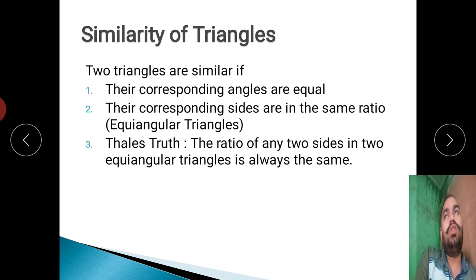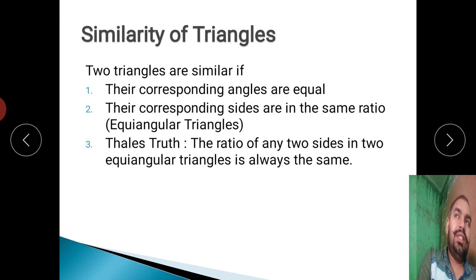Thales theorem. Thales has given his statement on these equiangular triangles. What is it saying? The ratio of any two sides in two equiangular triangles is always the same.